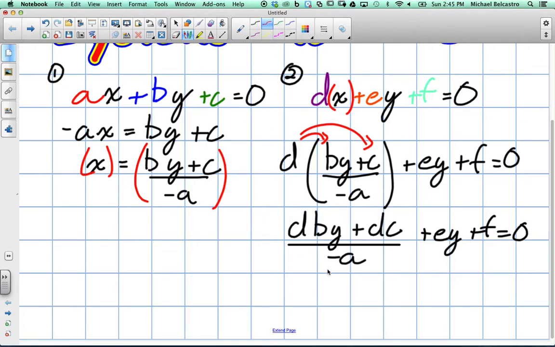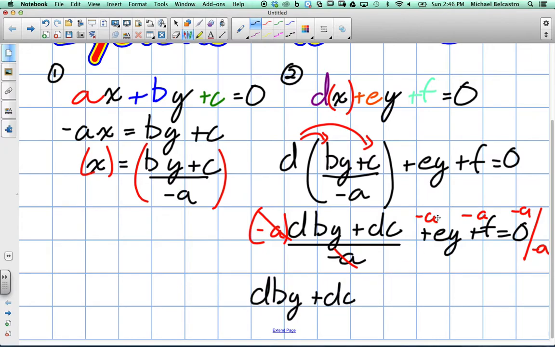Now I want to get rid of this fraction of negative a, so I'm going to multiply the entire equation by negative a. When we multiply by negative a, these two create 1, and we multiply the other terms by negative a, and even the 0 by negative a. So those cancel out, and we're left with dby plus dc. This becomes minus aey. This becomes minus af, and 0 times negative a is still 0.